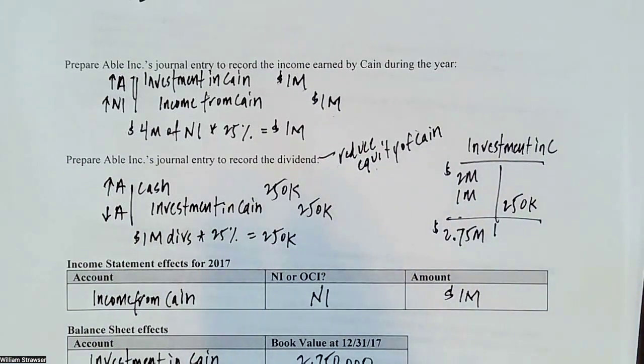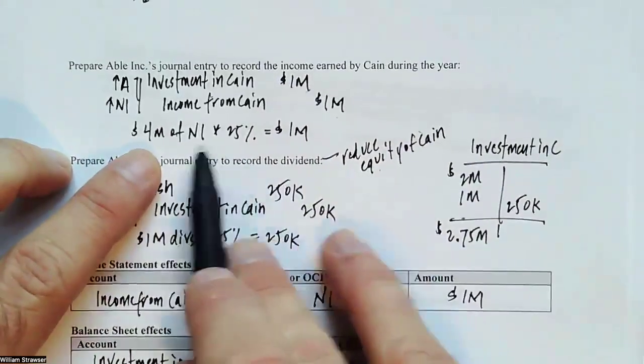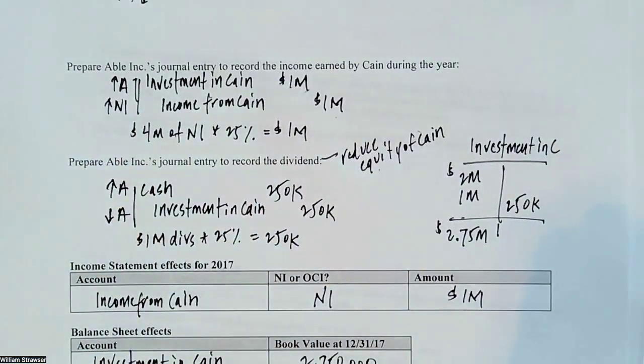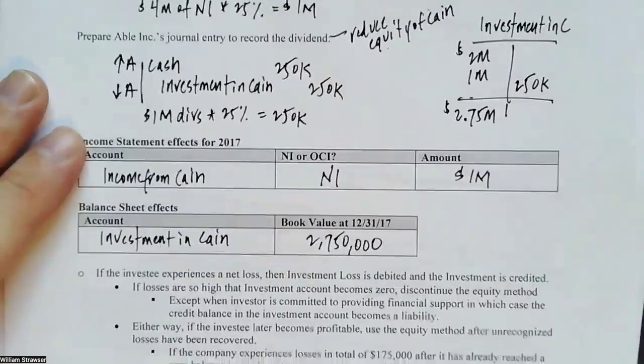So we would only want to take 25% of the net income that Kane has earned since March 30th, right? We would not be entitled to any of the income that they had earned prior to that because we had not yet put our investment in there, and therefore we weren't tracking the movements in equity or net assets for our investee.